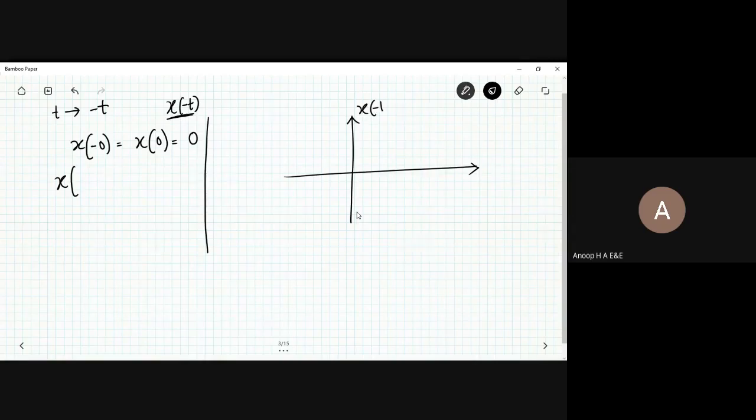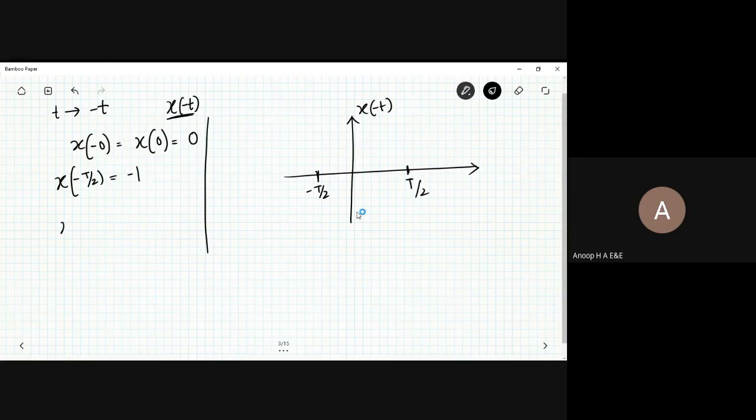Here I put T by 2, so it is x of minus T by 2. This is T by 2 and this one is minus T by 2. So x of minus T by 2 represents minus 1 here.